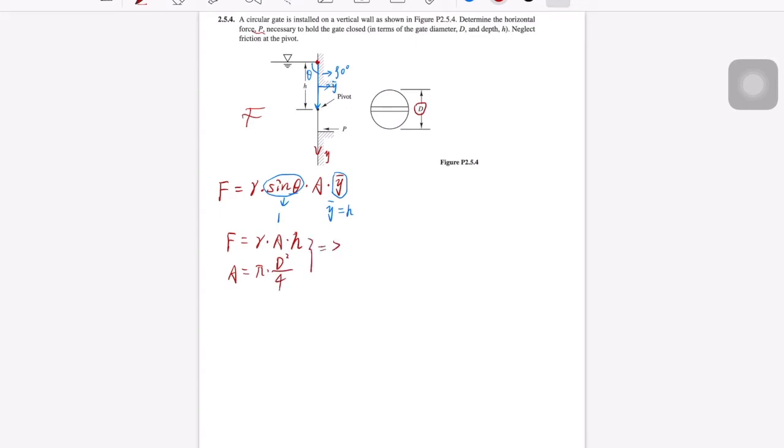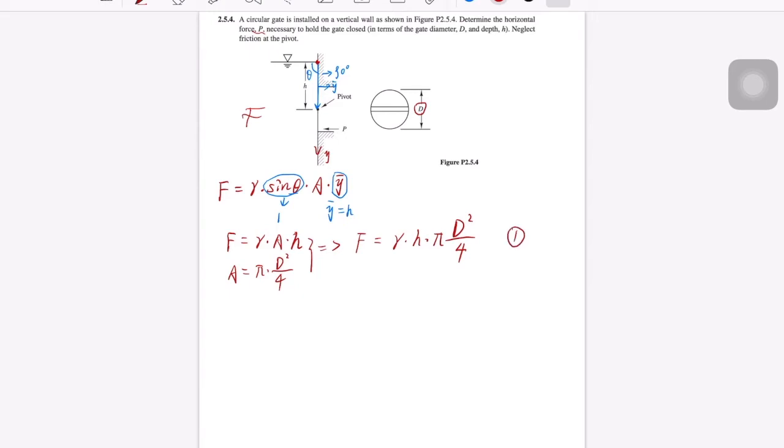So now F equals gamma times H times pi D squared divided by 4. We write this as equation 1.